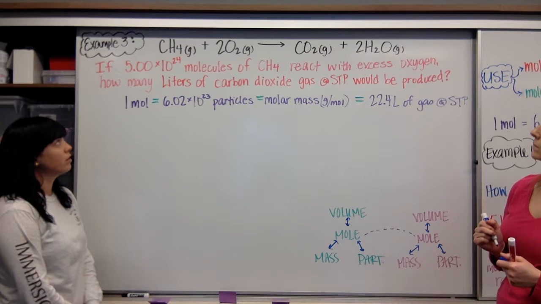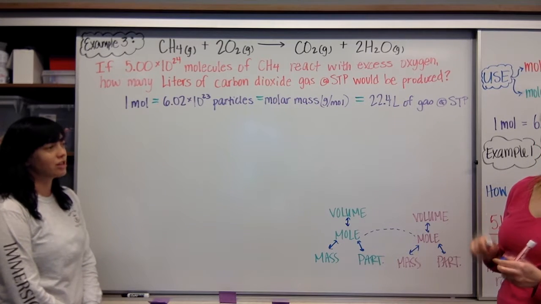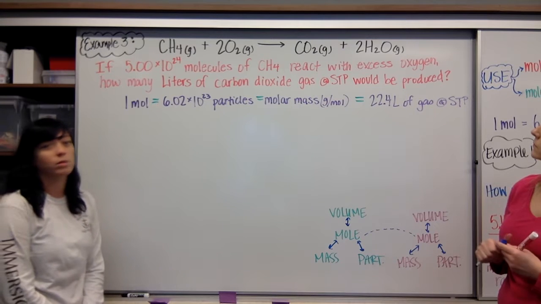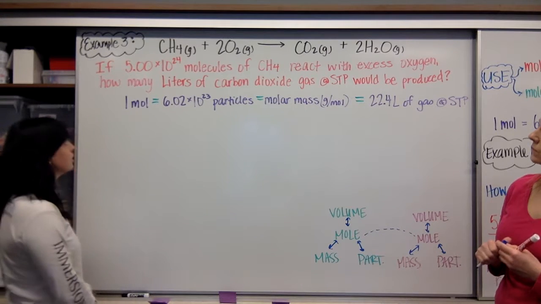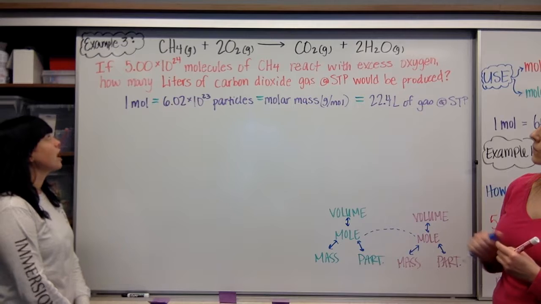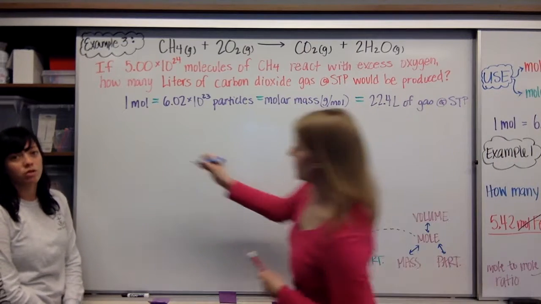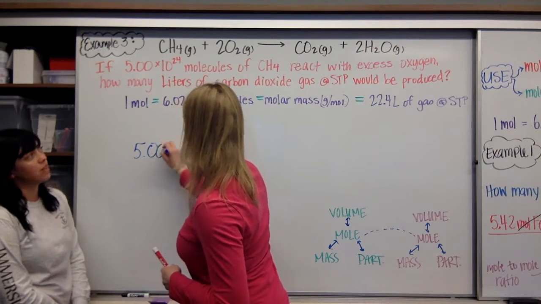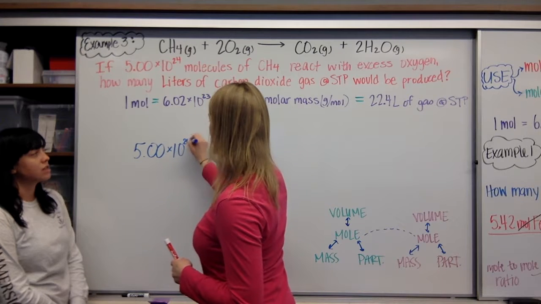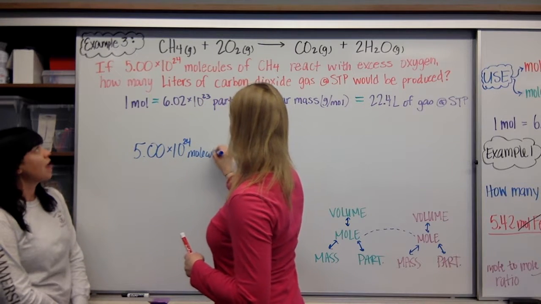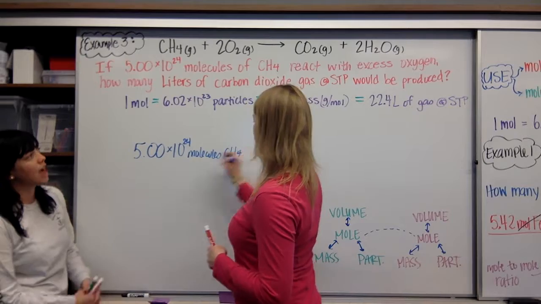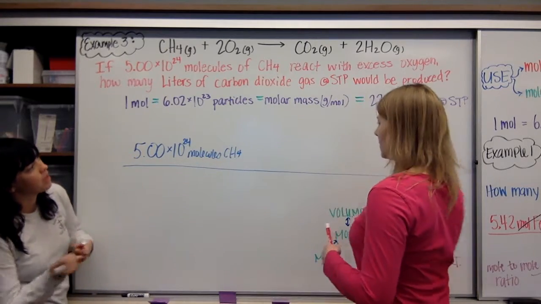So again, methane reacting with oxygen is going to create carbon dioxide and water. Remember, that is a combustion reaction. So if we start out with 5.00 times 10 to the 24th molecules of methane, and that's reacting again with excess oxygen, how many liters of carbon dioxide gas at STP would be produced?